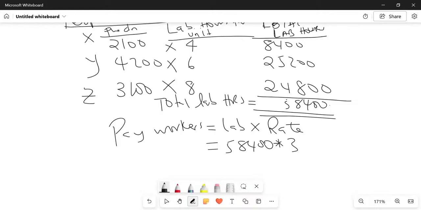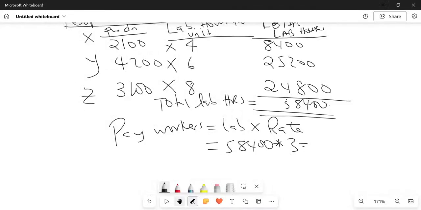If you wish, you can pay them on a per product basis. You will end up getting the same answer. So 58,400 times 3 will end up giving us what answer, ladies and gentlemen?